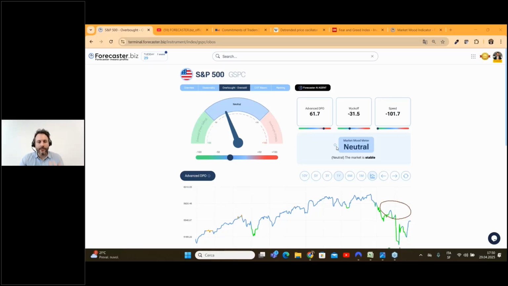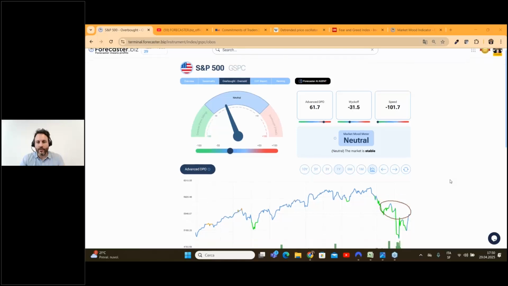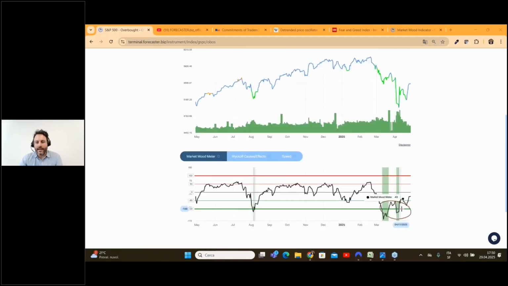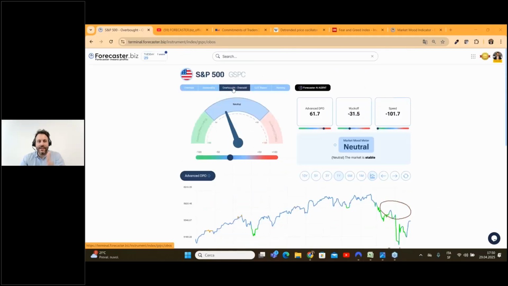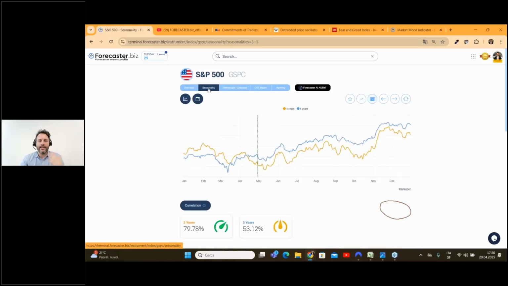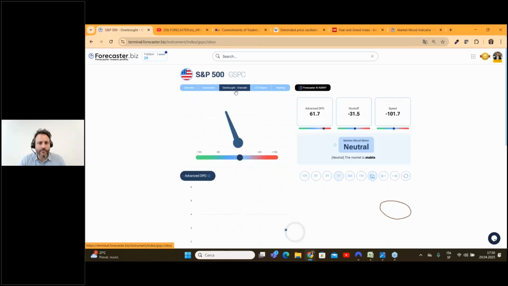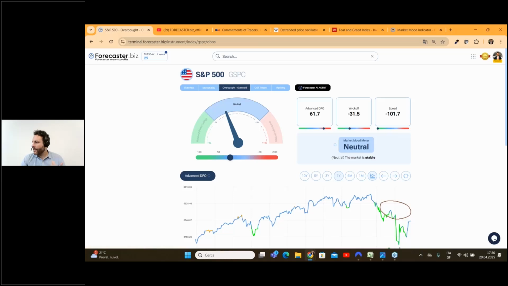Tend to make a very important low. And this is why at the moment we can say that the oversold and overbought analysis we just did is in line with the analysis we did with the seasonality. Okay, that's it.